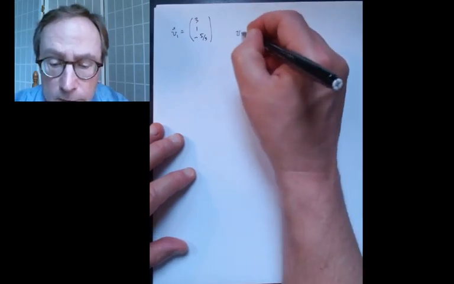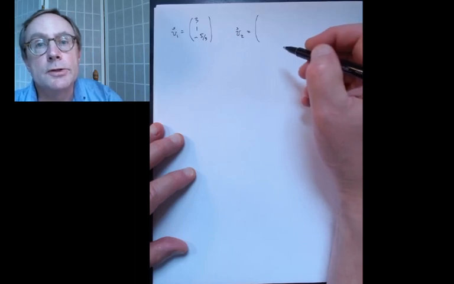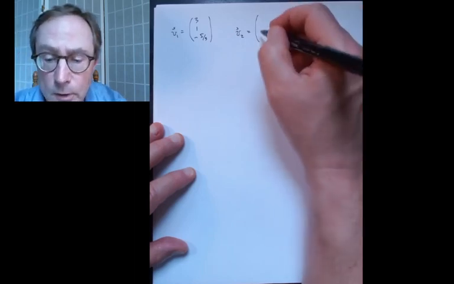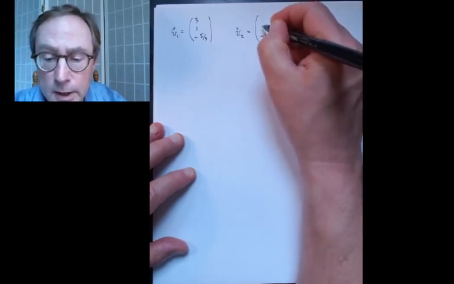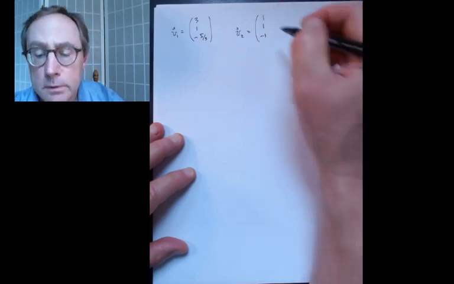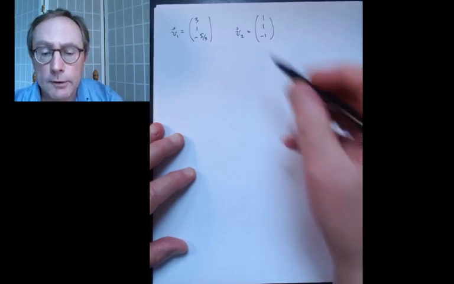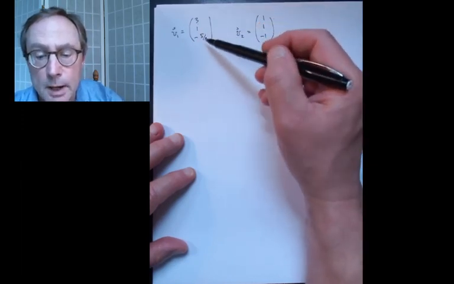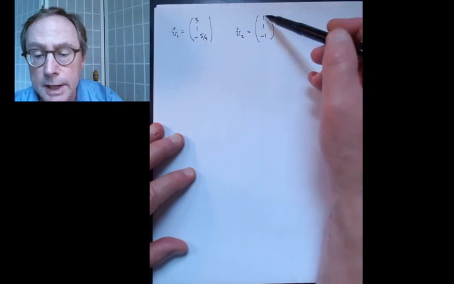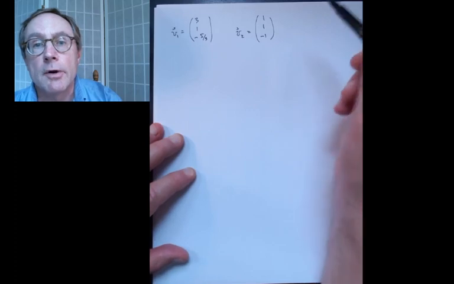And then take another one, v2. So x plus 2y plus 3z equals 0. So how about if I say minus 1 and 1 and 1? Okay, and both of them have the property that x plus 2y plus 3z equals 0. I'm going to take just an arbitrary linear combination.